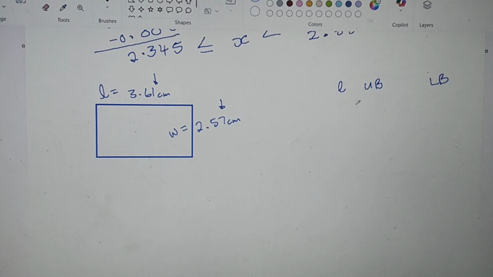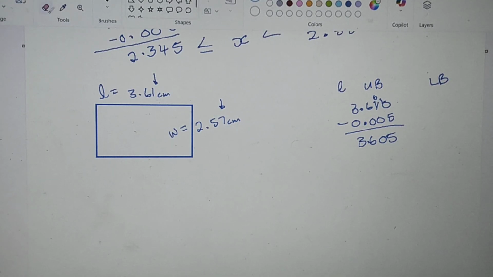I'm going to start with 3.61 minus 0.005. So it's always to the digit immediately after the digit that we ended with. Make that a 0, borrow 1 from there, so that'll become a 0. 1 minus 10 minus 5 is 5. 0 minus 0 is 0. 6 minus nothing is 6. And 3 minus nothing is 3. So that's my lower bound.